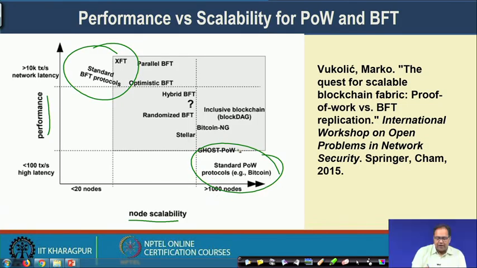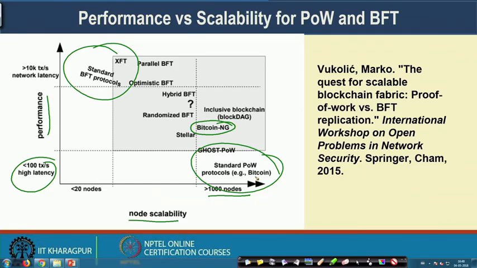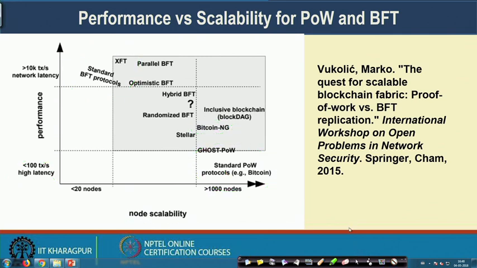The standard proof of work protocols have high scalability in terms of number of nodes, but low scalability in terms of performance, that means the transactions per second it can support. The Bitcoin NG protocol falls somewhere here. It was able to improve the performance compared to the standard proof of work mechanism, while providing node scalability similar to the standard proof of work. So, that is all about the Bitcoin NG protocol.